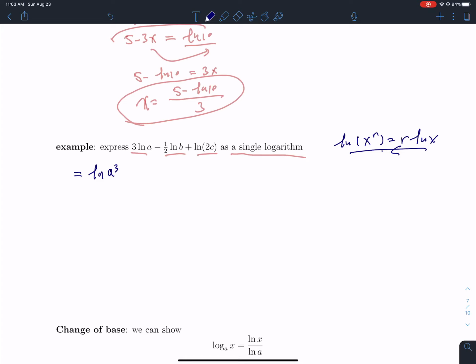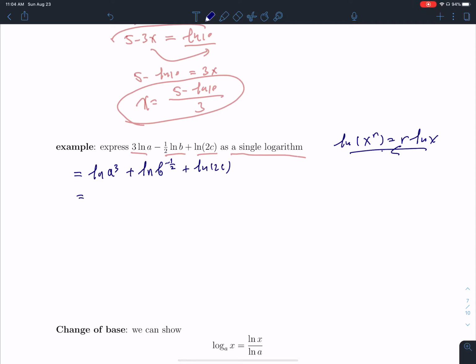Similarly, for the second term, we make it a plus, because we want to move this negative 1/2 to the exponent, to the shoulder of this b. And then the last term will be kept the same.